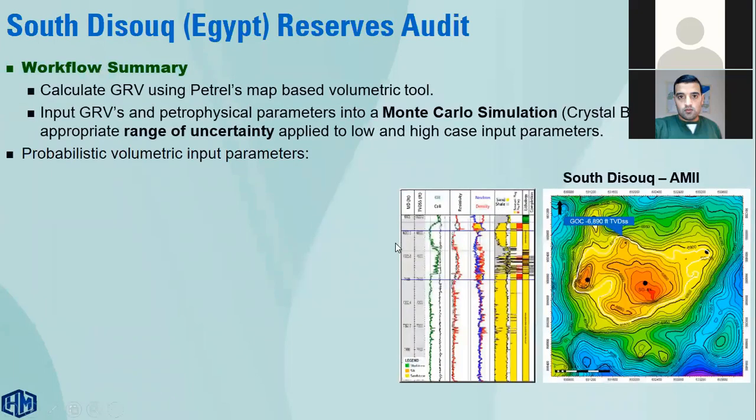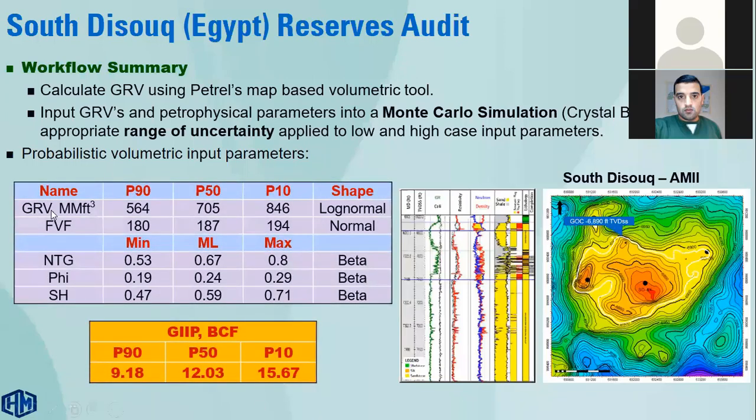Simply to simplify the technique, the input parameters like petrophysical data, as you can see, you have this well log, and in this map, the structure contour map at the top of the reservoir. So petrophysical parameters will be input to Monte Carlo simulation software to get the range of uncertainty. So as you can see, this is the input parameters like gross rock volume, formation volume factor, porosity, net to gross, and so on, and the corresponding distribution function.